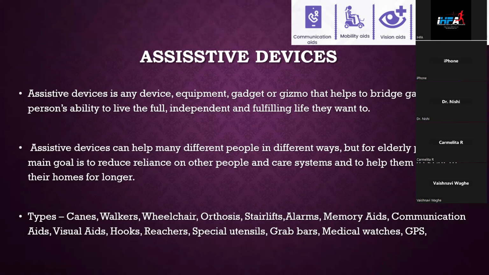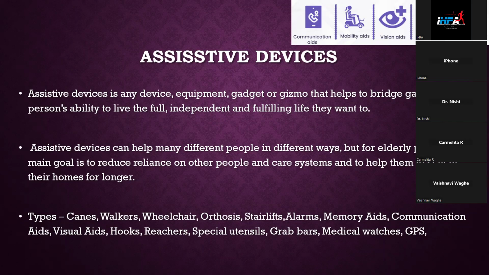Always remember, assistive devices do not only mean wheelchairs, walkers, canes, but there are different assistive devices like communication aids, which are specifically needed for old age people because with age the hearing becomes very slow, the eyes become very weak, so you need proper glasses, you need good hearing aids to actually have the proper five senses of our body.